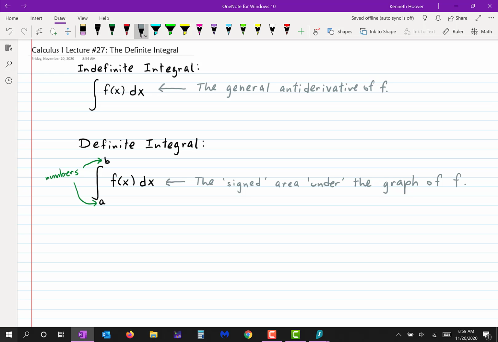Okay, so let's do the under part first. When I say under the graph of f, what that means is between the x-axis and the graph of f.